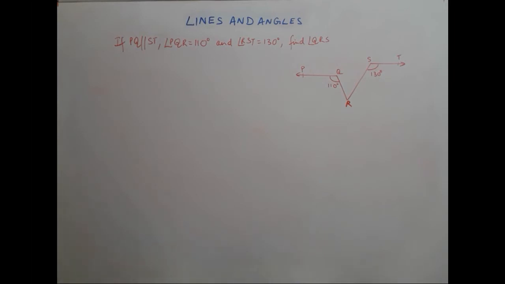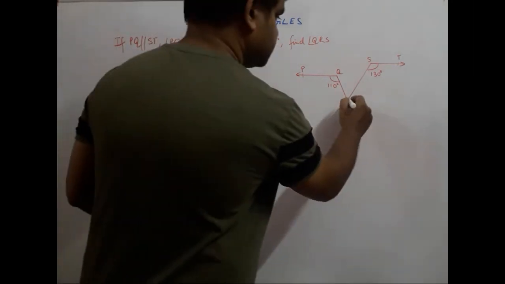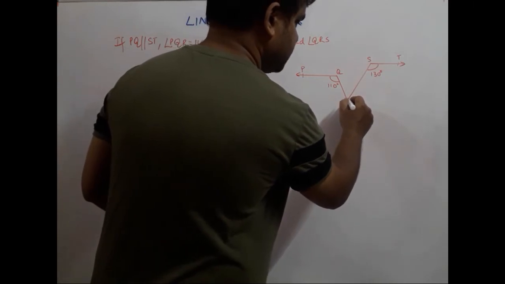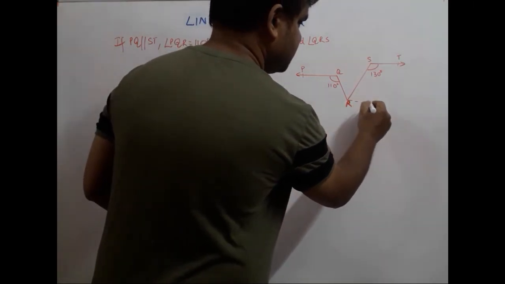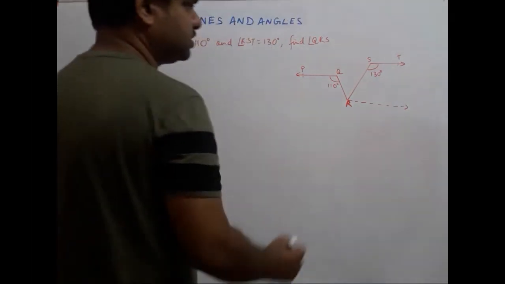So what we need to do over here is construct another parallel line to ST, and that should be through R.